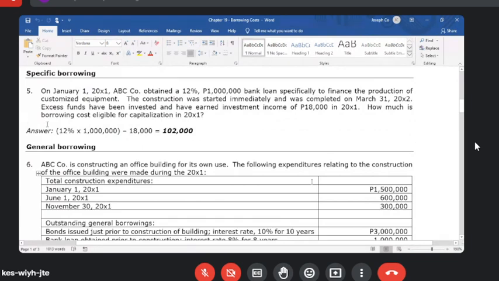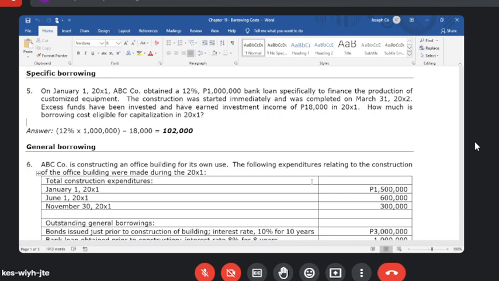This one is specific borrowing costs. On January 1, 20X1, ABC company obtained a 12%, 1 million bank loan specifically to finance the construction of customized equipment. Ano siya? Specific borrowing costs. The construction was started immediately and was completed on March 31.